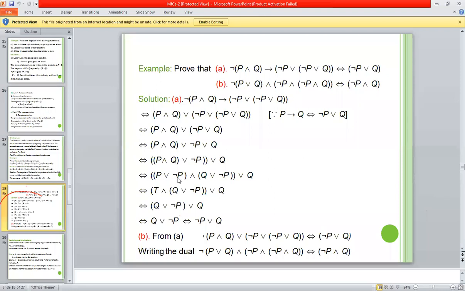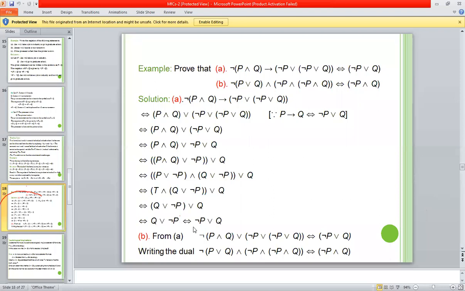P or negation P is equivalent to true, and Q or negation P or Q. Here we are applying the associative law. Q or Q is equivalent to Q. So finally we get Q or negation P.